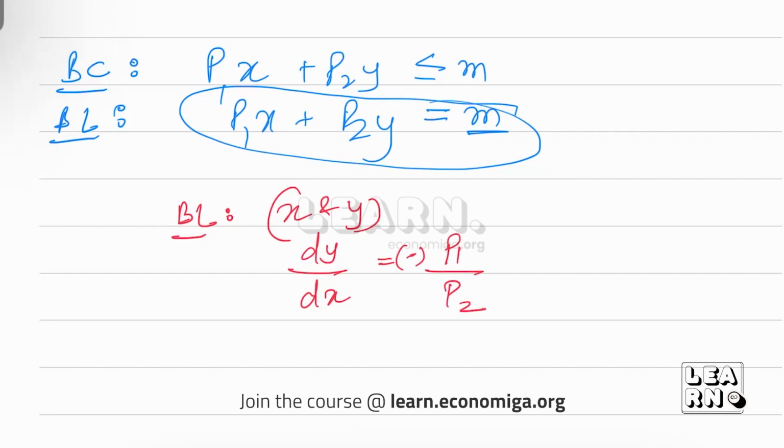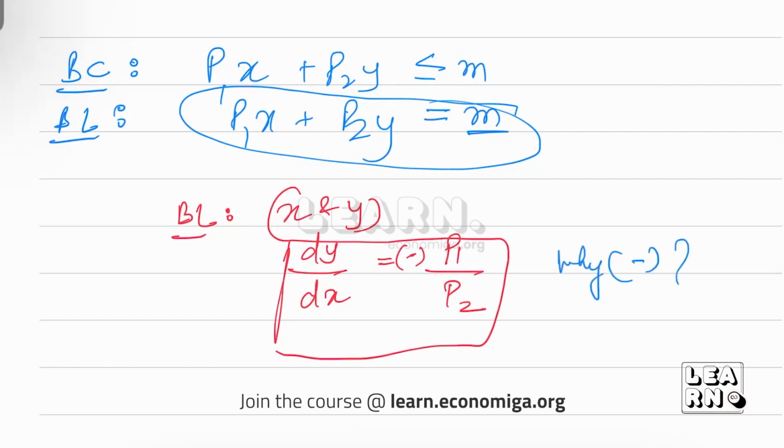I'm going to tell you now. But generally, if the consumer is consuming two goods, then the slope of the budget line, that is the rate of change in the market, is given by P1 upon P2 accompanied by a negative sign. Why negative? Because the budget line is downward sloping.